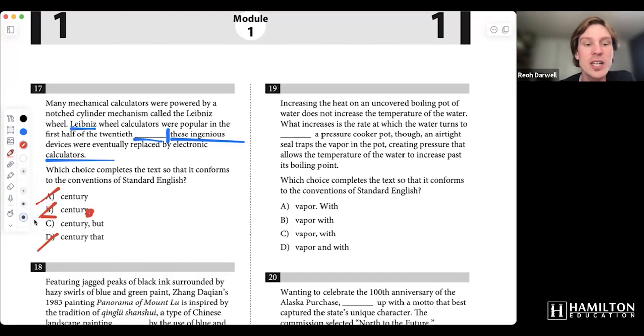But remember, just a comma is not sufficient to connect two independent clauses, right? So because both of these clauses are independent, that's how we arrived at C, where we have our comma and then our coordinating conjunction. A way we can remember coordinating conjunctions is the acronym FANBOYS: for, and, nor, but. So that's how we arrive at answer choice C for question 17.